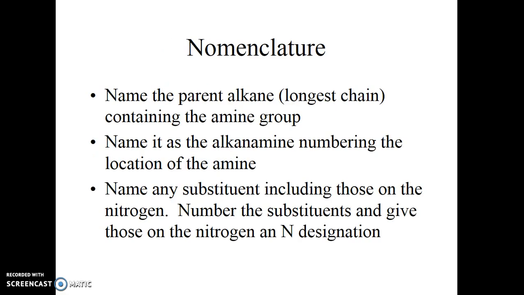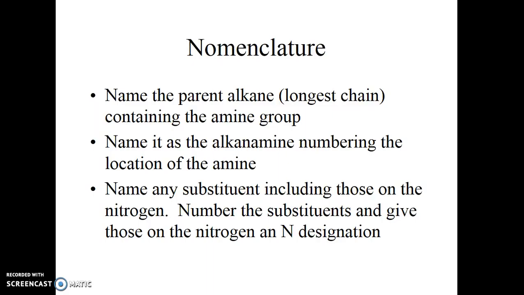The nomenclature of the amines starts with naming the alkane. Find the longest chain that has the amine group, unless there is another functional group that has higher priority. What you do is you name the alkane, and then you take the E off and add amine on the end.